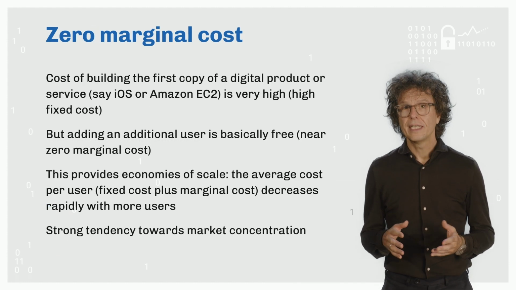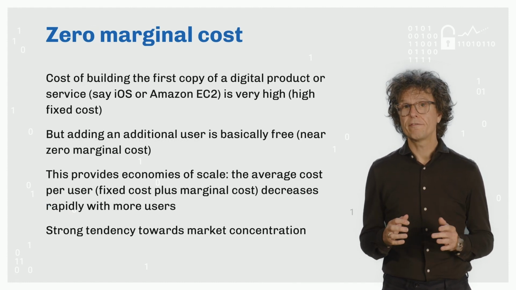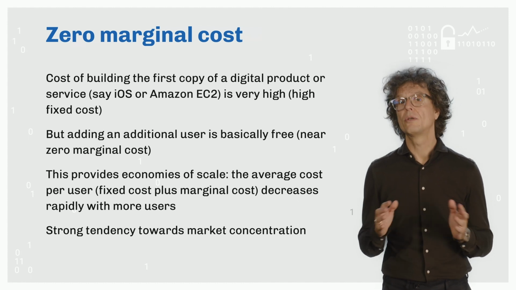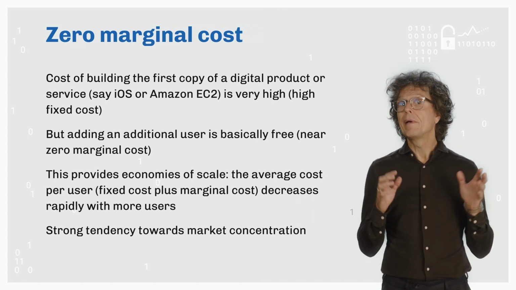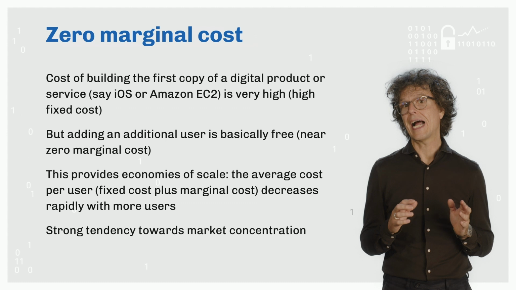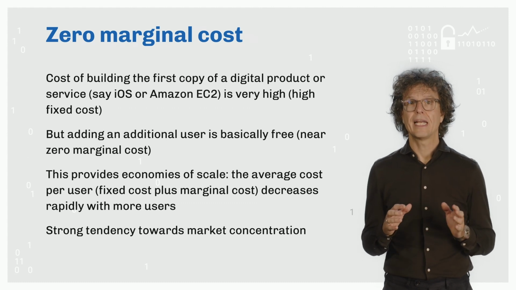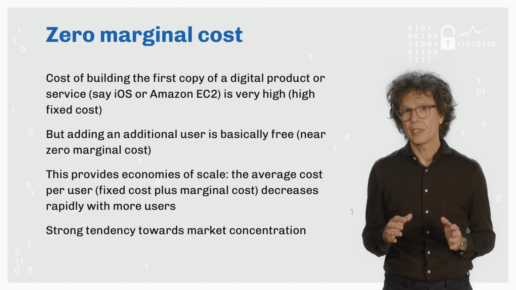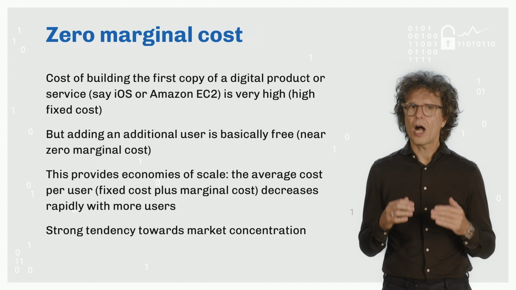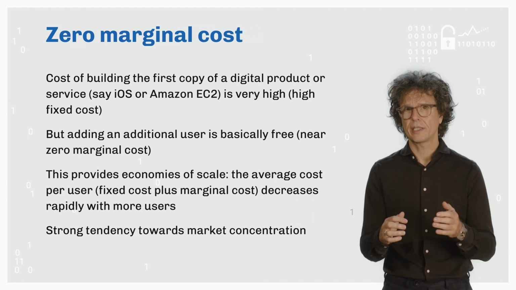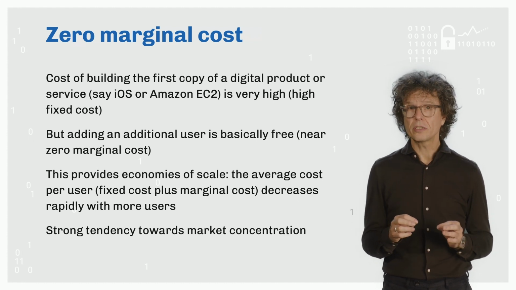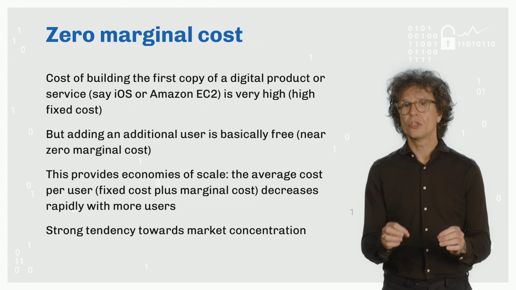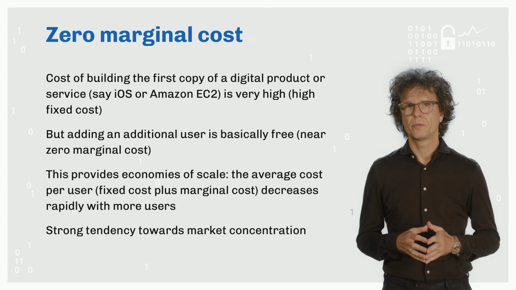The first factor is the fact that the marginal cost of information goods or services is close to zero. Now, building the first version of a product like iOS or a service like Amazon Elastic Compute Cloud is very expensive, so there are high fixed costs to enter the market. But the marginal cost, the cost of adding an additional user, is nearly zero.